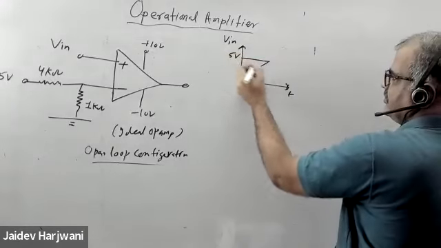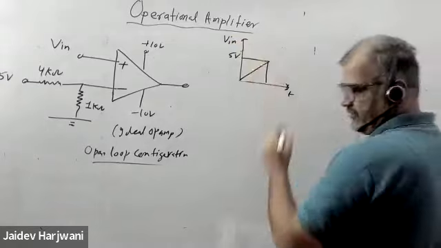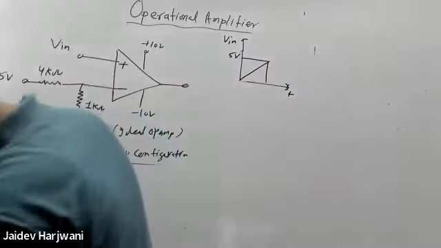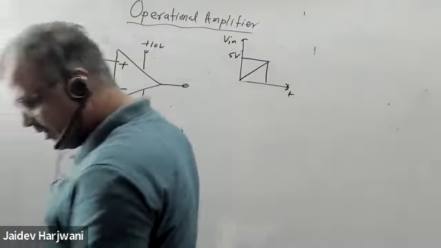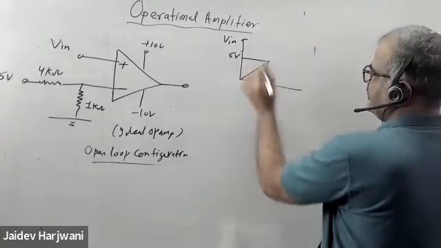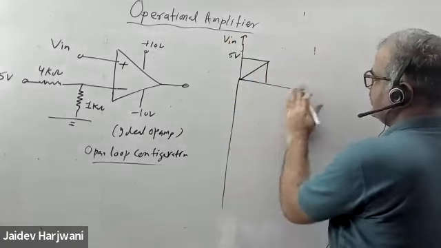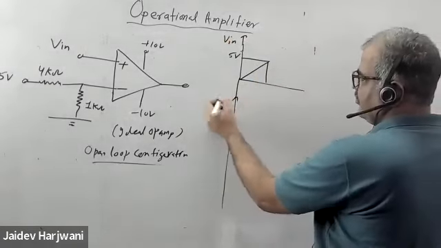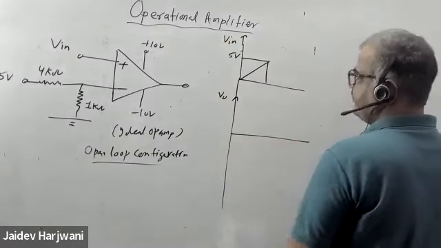It is basically varying with time. Now this is your V input, and they are asking you to plot the V output of the operational amplifier.